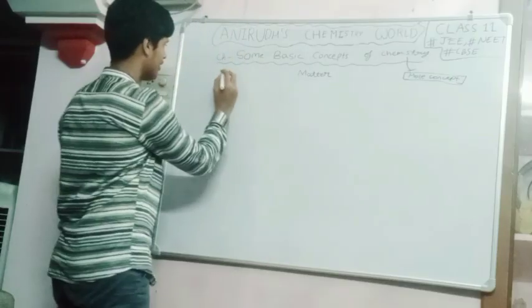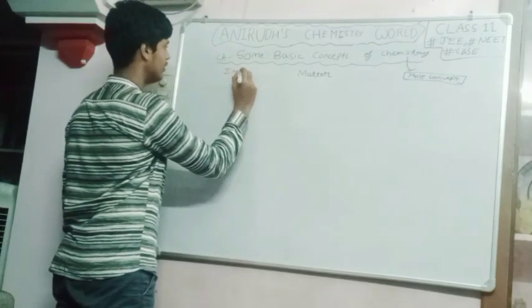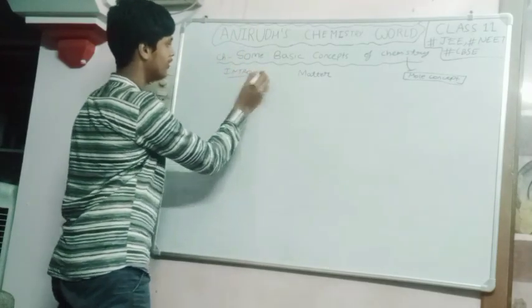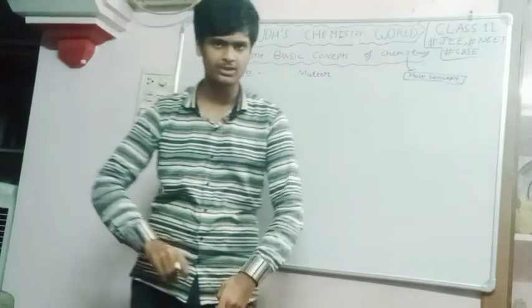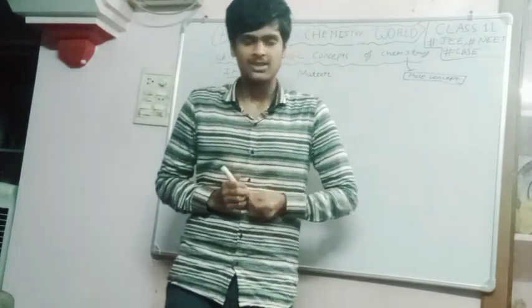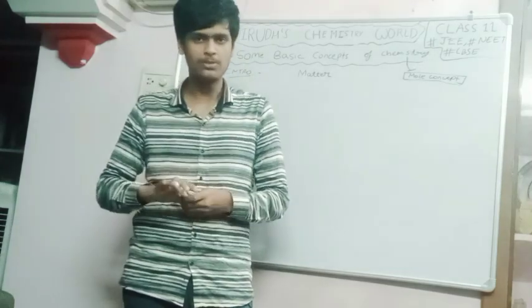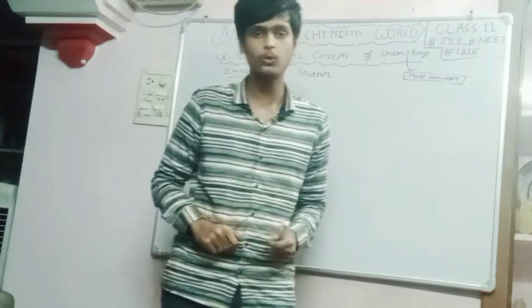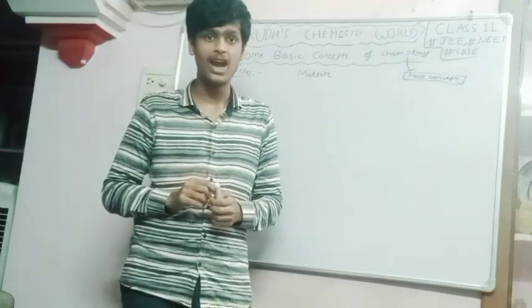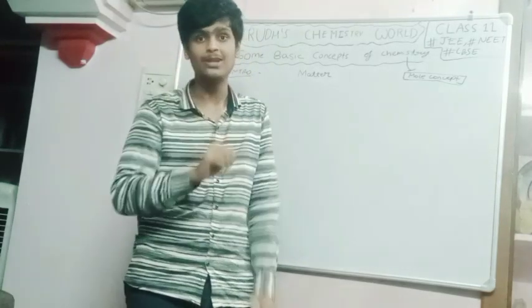Basically, now I am going to give the introduction of this chapter. See, from the past times, scientists used scientific methods to discover something, right? And suppose there is one atom.